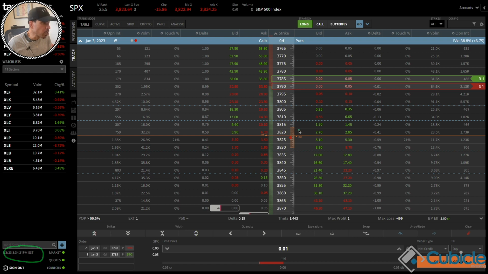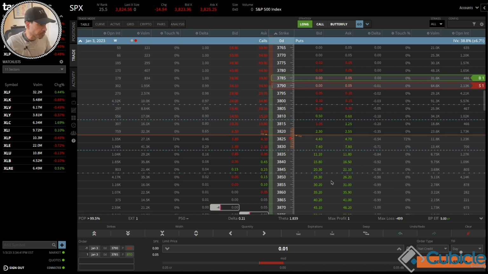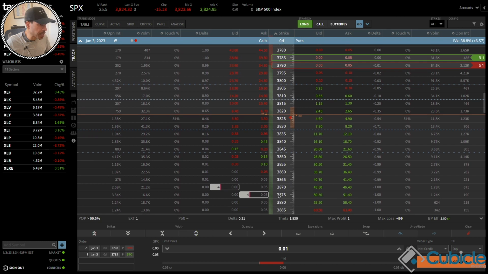Eastern Standard Time. So around 12 o'clock, the price of SPX got to about 3,800. So considering that my vertical put credit spread was at 37.90 and 37.85, that was a little too close for my comfort level. So what I decided to do was put on a vertical call credit spread, and I sold the 38.70 and bought the 38.75 to create an iron condor.